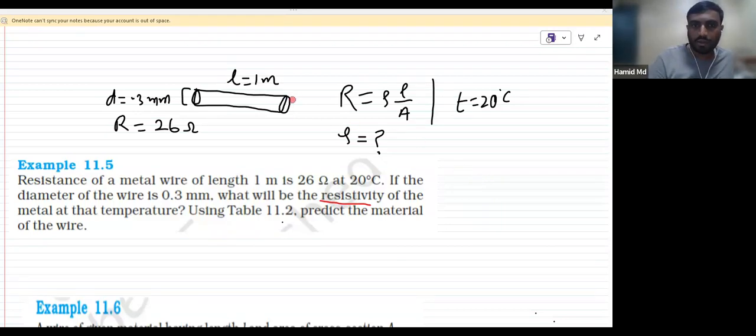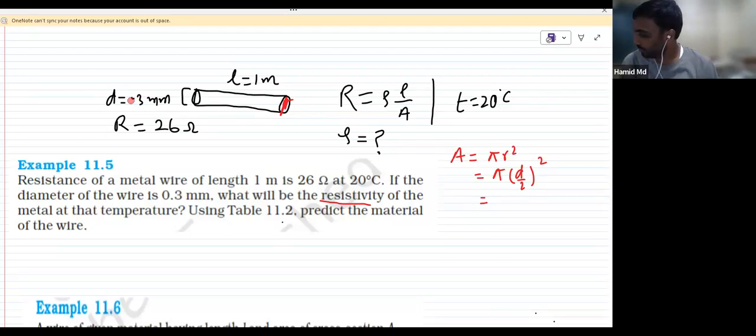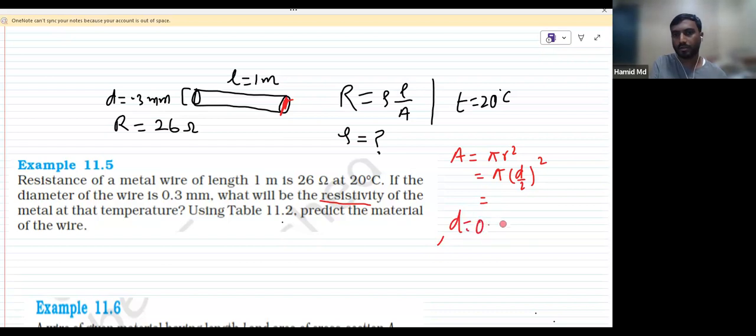So first of all, we have to find the area of this cross section. Area is pi r square, and r is d by 2, so pi times d by 2 square, right? This D is 0.3 mm, and of course we have to change it into meter.